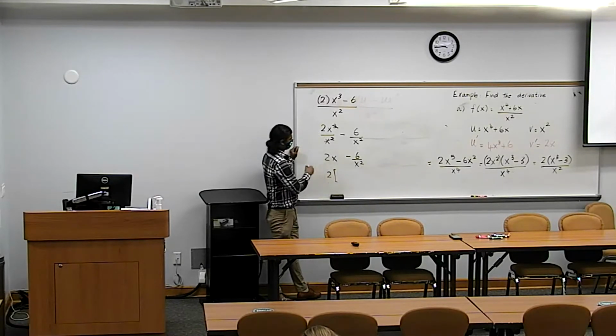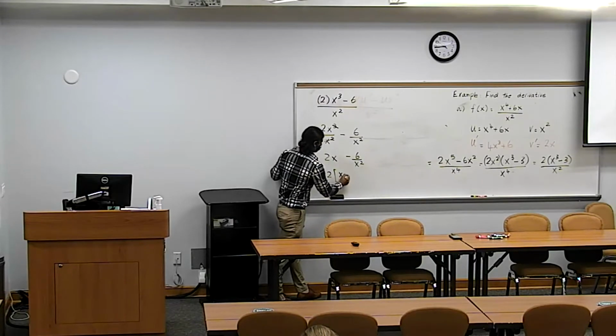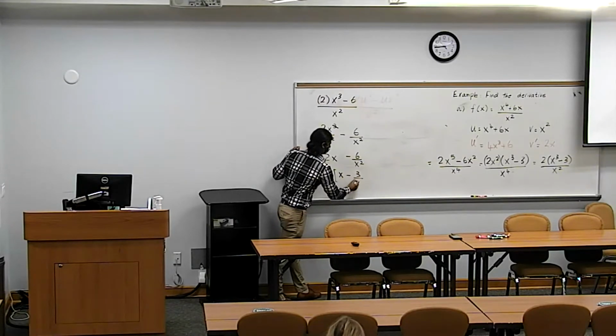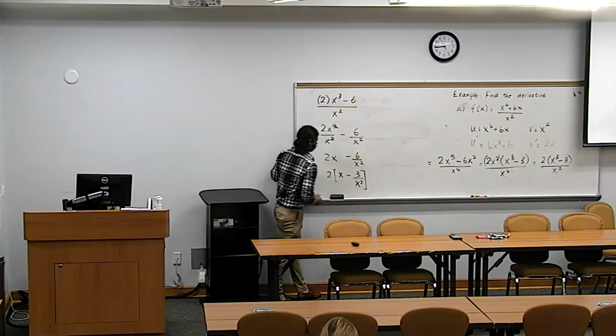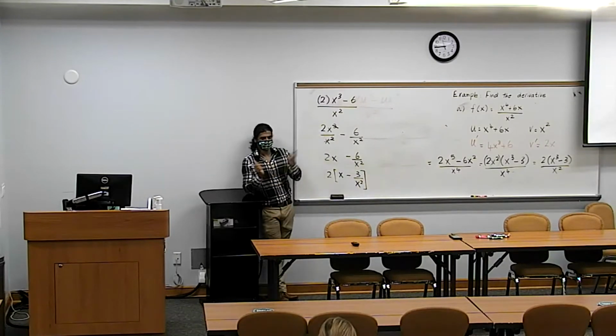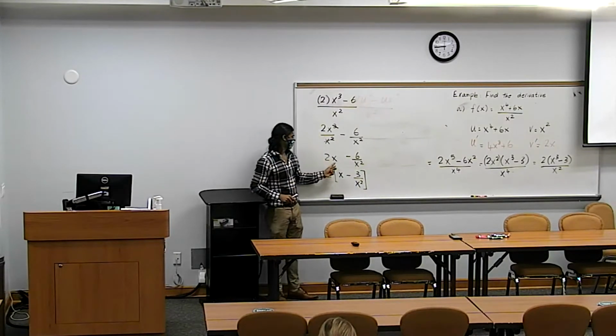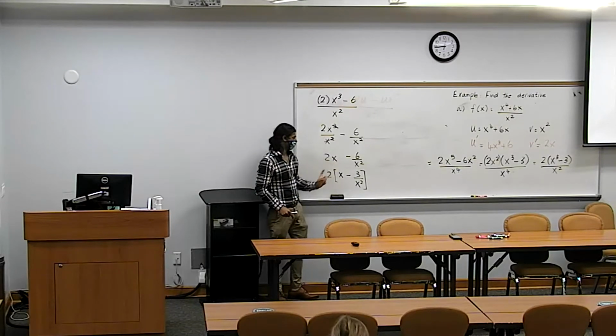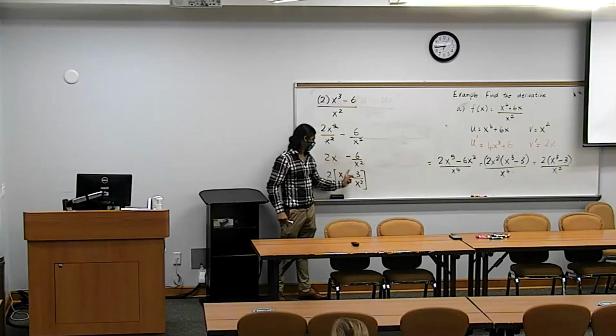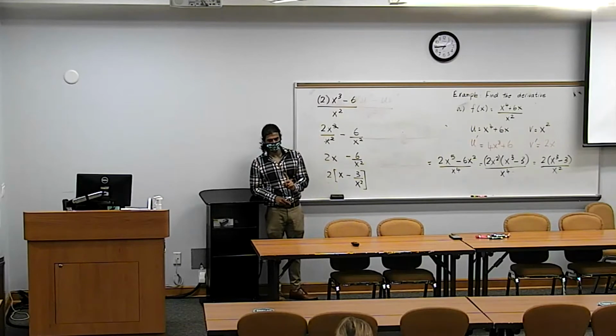I'll pull the 2 out again: 2 times x minus 3 over x squared. Right, I didn't do anything wrong. All I did is pull a 2 out from that term and 2 out from that term to get 3.